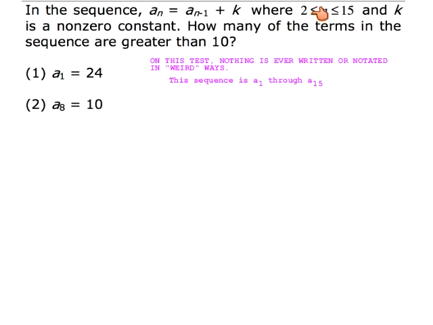The only reason this is a 2 is that if you plug in 2 here, that's A2 and that's A1. So you can't put a 1 here because then you would need a 0th term. So when they write a 2 here, they're actually telling you the first term is A1, because that's what the statement says.